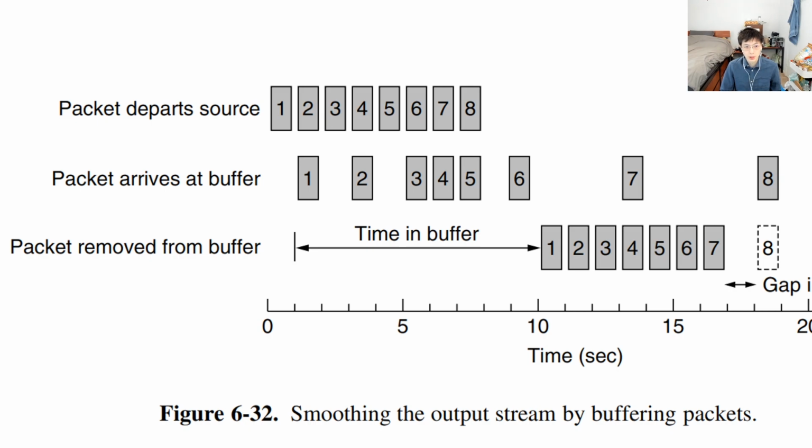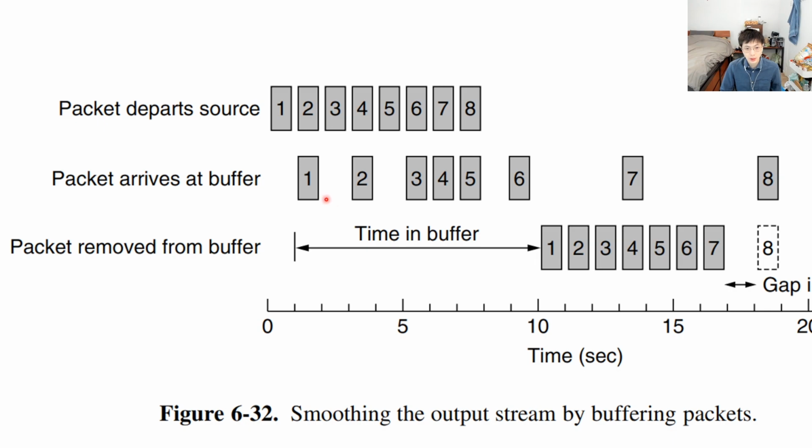This is a picture of how RTCP and RTP work. From the source, it sends out 8 packets, labeled 1 to 8 to let the receiver know which packet is which, and then the packets arrive at the buffer.